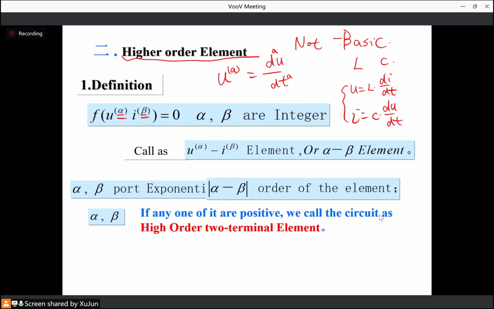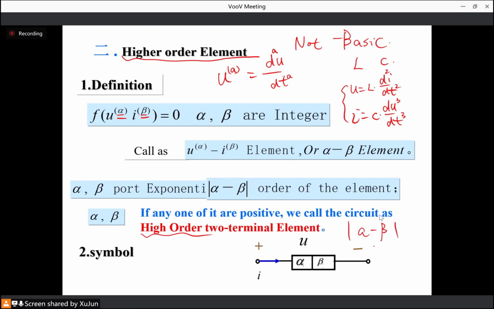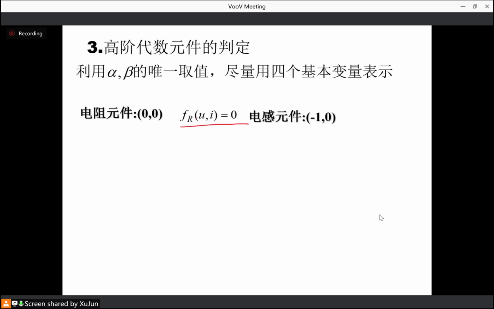If second order or third order, we call this a higher order component, higher order element. We use this symbol to express alpha, beta. This means the order of the U, the order of the I. The order of the component is alpha minus beta. For a resistor, it is zero order.